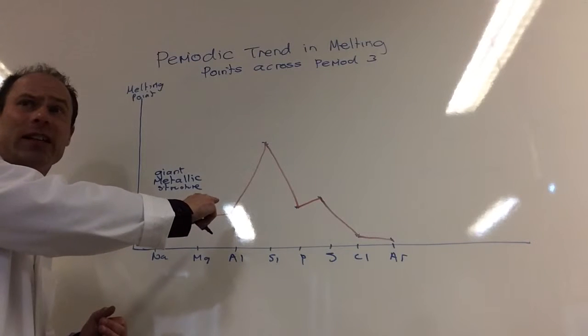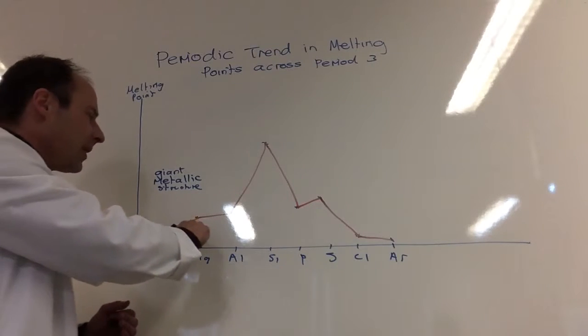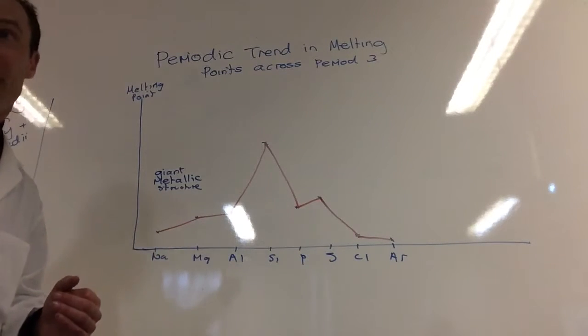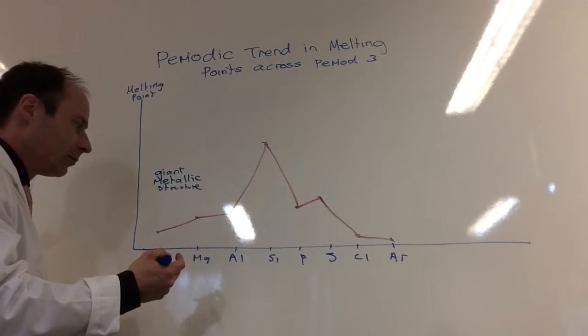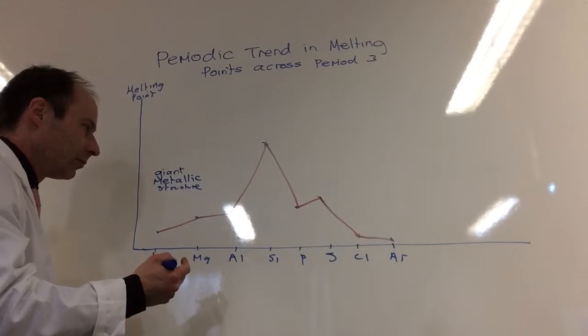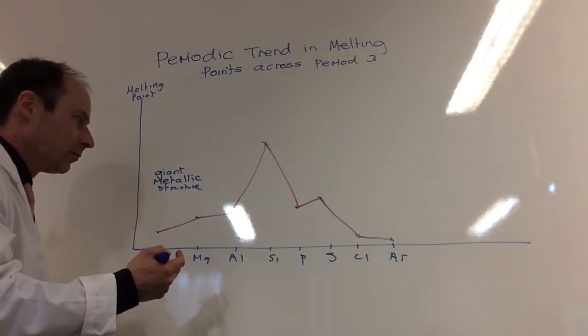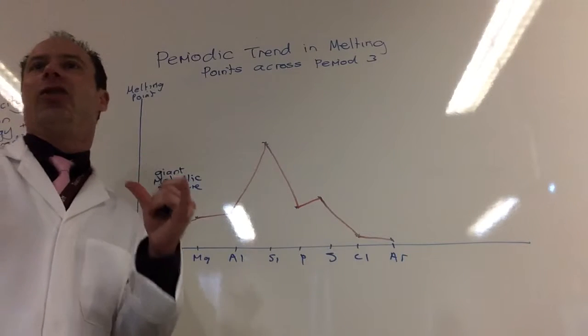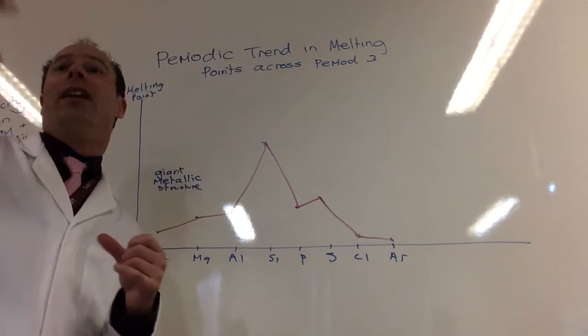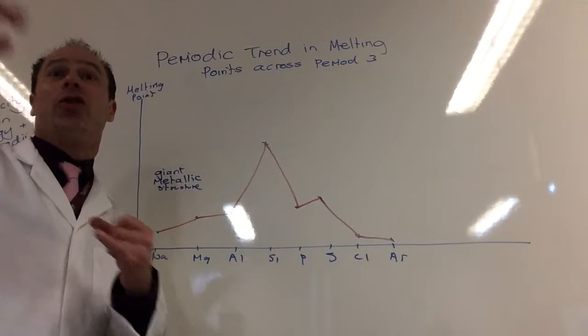Why does it increase? Why does it go sodium, magnesium, aluminium? Whenever you go up one, there's double the electrons per atom and double the charge per ion, so to speak. Mg loses 2 electrons when it makes an ion, so there's more charge. Okay, so you've got a higher charge on your ion, and you've got more electrons in your sea as well, so you've got a stronger attraction.